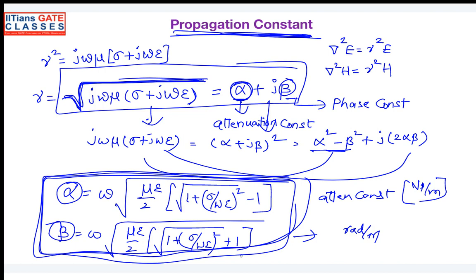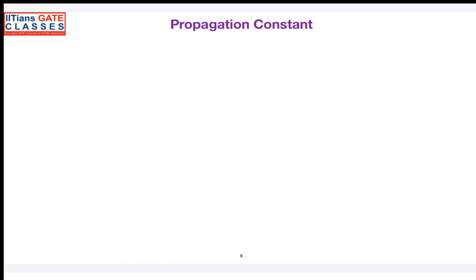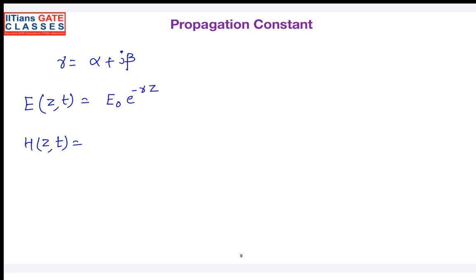Keeping that in mind, gamma is alpha plus j beta, where alpha is the attenuation constant and beta is the phase constant. Once again, rewrite the equation for the electromagnetic uniform plane wave. We have seen E naught e power minus gamma z e power j omega t, with the electric field in the x direction.